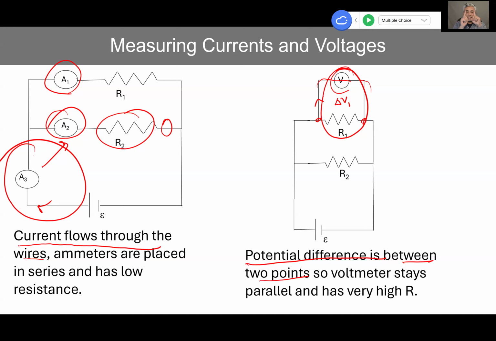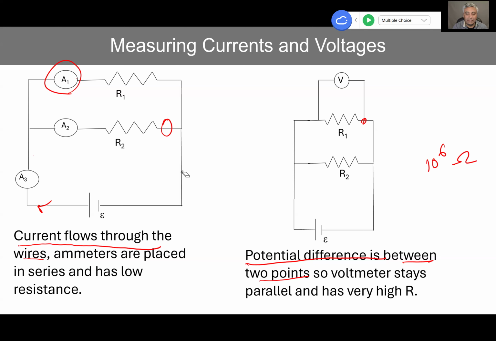Remember, when we connect two resistors in parallel, the effective resistance becomes smaller, so the circuit starts drawing a larger amount of current. That's why voltmeters have to have very high resistance. Usually they are in hundreds of mega ohm. Mega means 10 to the power 6 ohm.